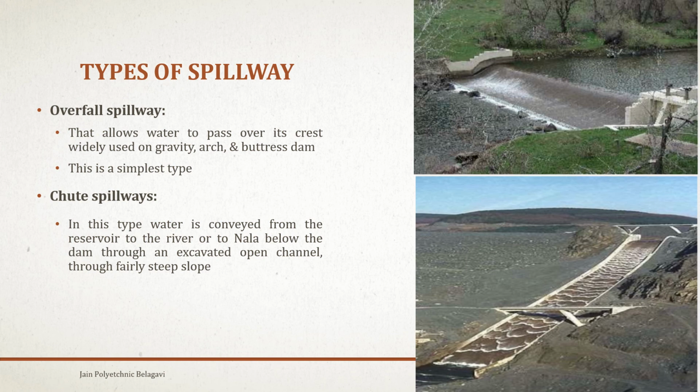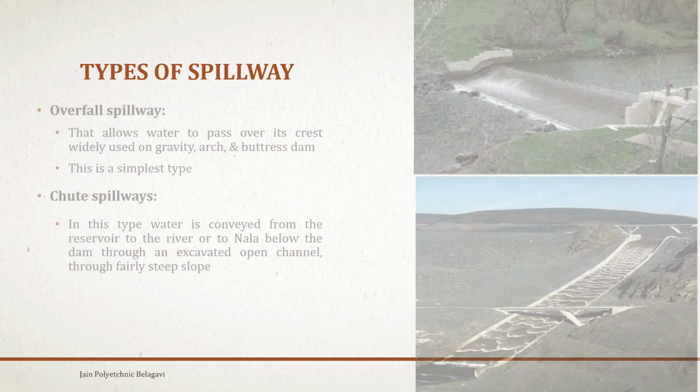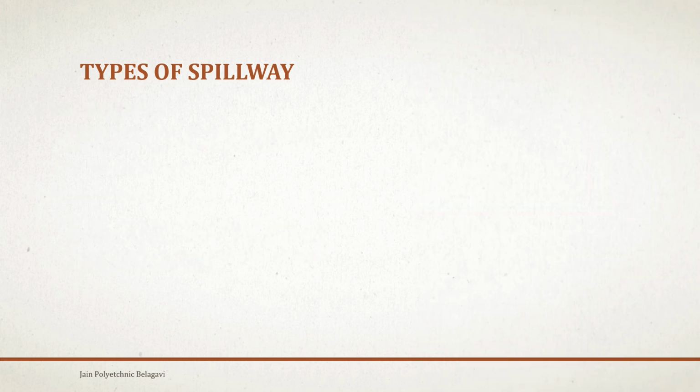This is one type of chute spillway, where in this portion a bridge has been constructed, and below this we have provided a sloping portion like this, but here it is a smooth surface. Here a long surface has been constructed, just like an overflow pattern.